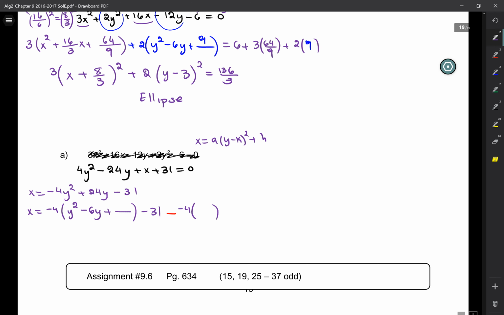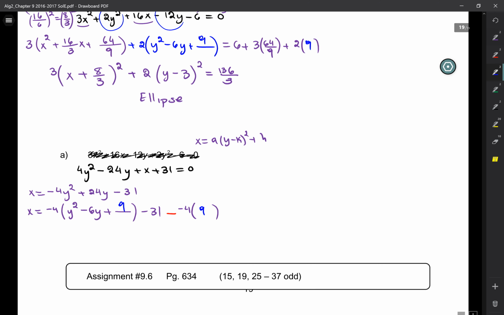I factored out a negative 4 here, so whatever I put back in has to have the negative 4 with it. And since I'm doing plus here, I got to do a minus here for the parabola since I'm working on the same side. So what goes in that blank?